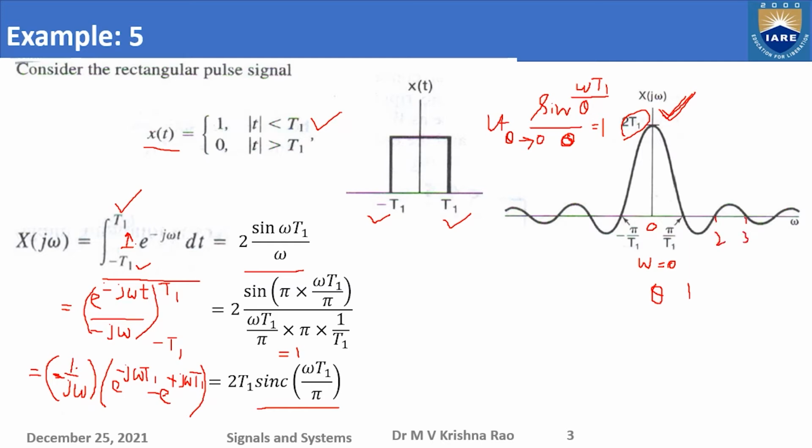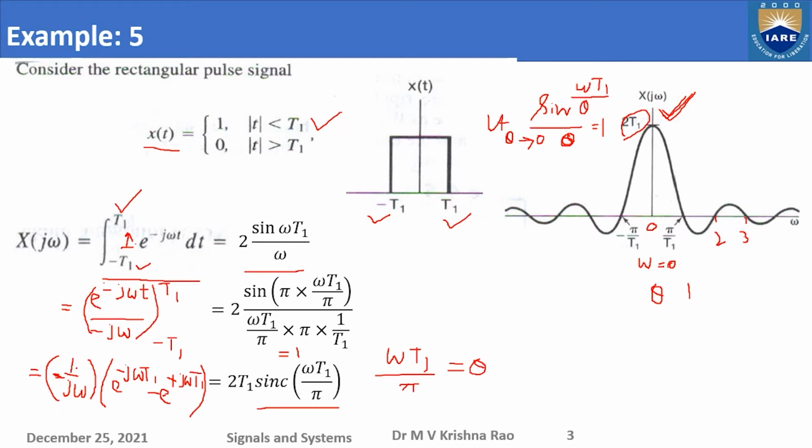Okay, so this is what you have. So at theta equal to 1, 2, 3, what is theta here? Omega t1 by pi. I think it is there in the next slide, so I will explain taking the help of the next slide. So this is nothing but theta for us.